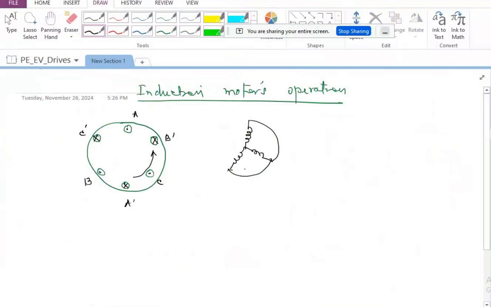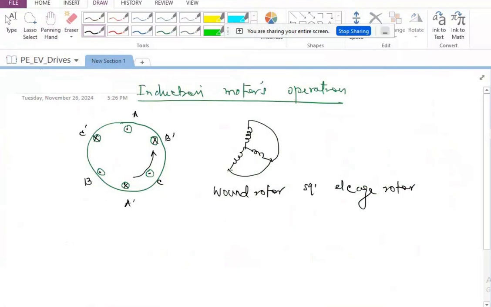So when the three-phase rotor contains windings and they are short circuited externally, we call this a wound rotor. But most of the time, in many of the applications where they have to be completely maintenance free, we call the rotor a squirrel cage rotor. It is going to be a squirrel cage rotor.